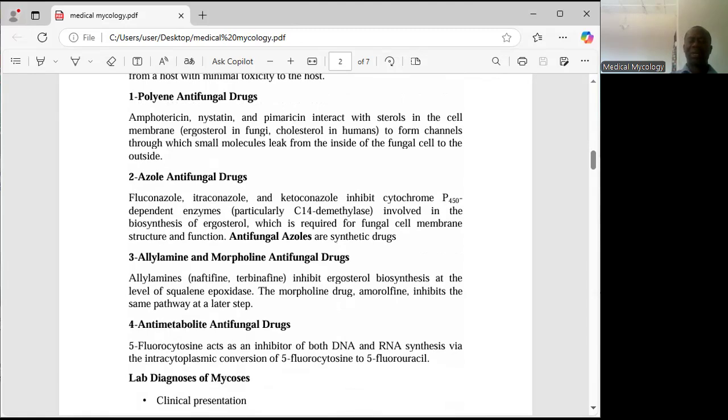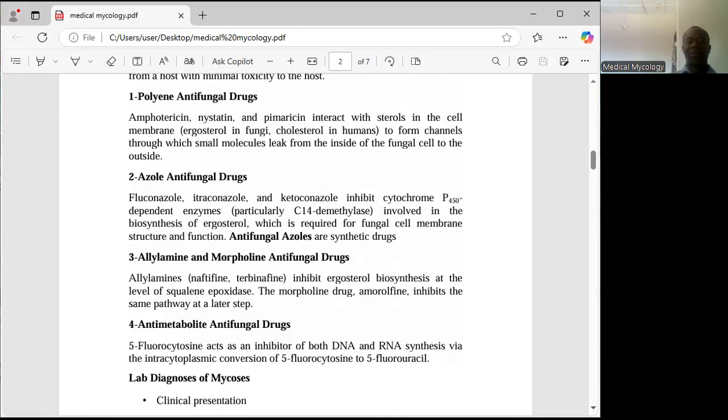Allylamines include naftifine and terbinafine, which inhibit ergosterol biosynthesis at the level of squalene epoxidase. The morpholine drugs, such as amorolfine, inhibit the same pathway just like allylamines.